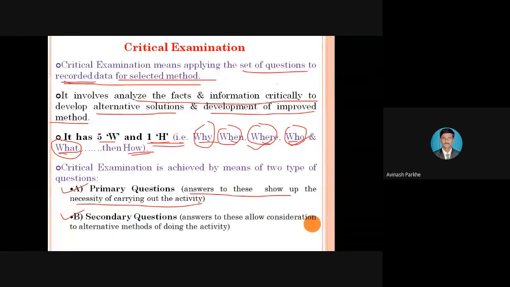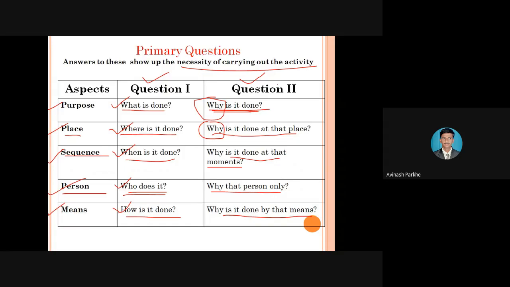So if I have to go for the analysis in detail, at that time we have to implement this critical examination concept in the industry, in which we are applying the primary set of questions and secondary set of questions in the form of 5 WH questions and 1 H question. So by applying these questions to any method, you will get all the types of information in detail, and through the answers to all those questions, we can go for further modification.